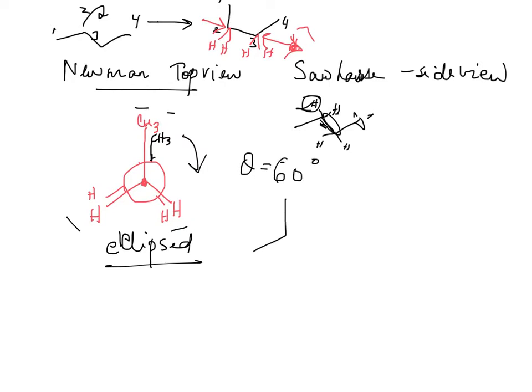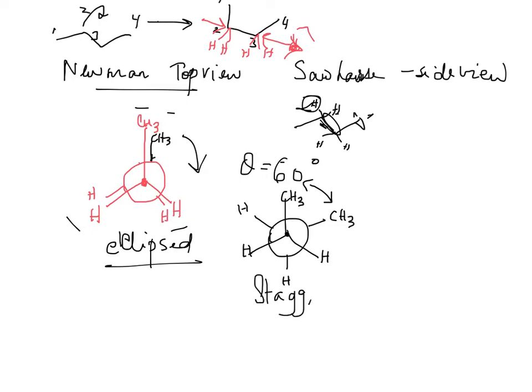So recognize that if I give it a rotation, you should give it a rotation only one carbon at a time. So you have your front carbon, and now you're going to see a CH3, an H, and an H. Notice that these two CH3s are somewhat approaching each other, but they are not on top of each other. So this is a staggered structure, and specifically we call this a staggered gauche.